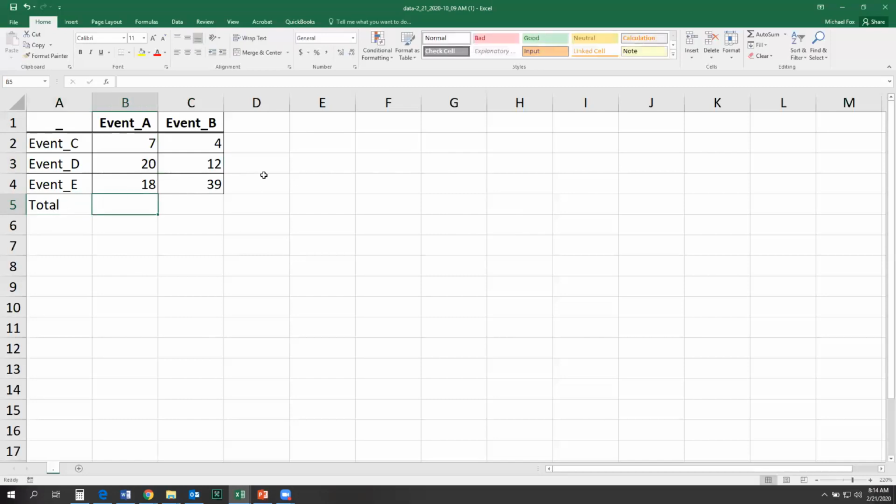First thing I do is I'm going to get my totals, and I'll just use sum. So now I have totals. There's 100 total events between events A and B, and then events C, D, and E. 100 total different events that happen.